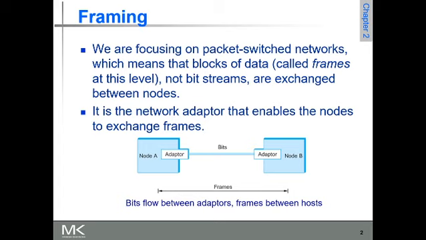In data link layer, blocks of data called frames are exchanged between nodes. The network interface controller, NIC, is also known as a network interface card or network adapter. You can see the network adapter in the figure.